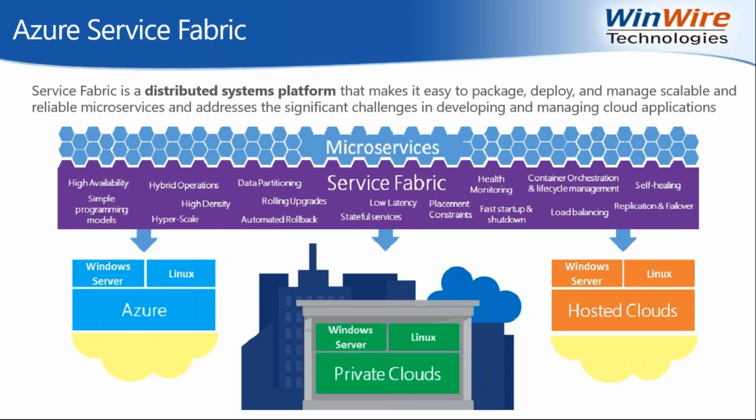And one of the key features of Service Fabric is that it allows you to deploy the application to either a Windows Server machine or a Linux machine. And they can reside on either Azure or even private cloud or even hosted clouds like Amazon. So you could potentially deploy your application anywhere.